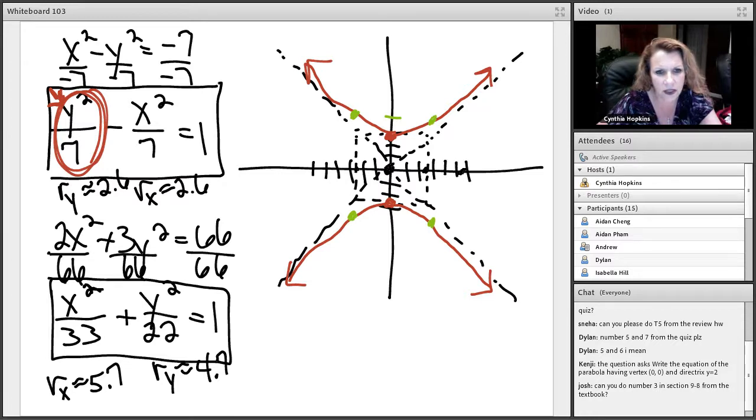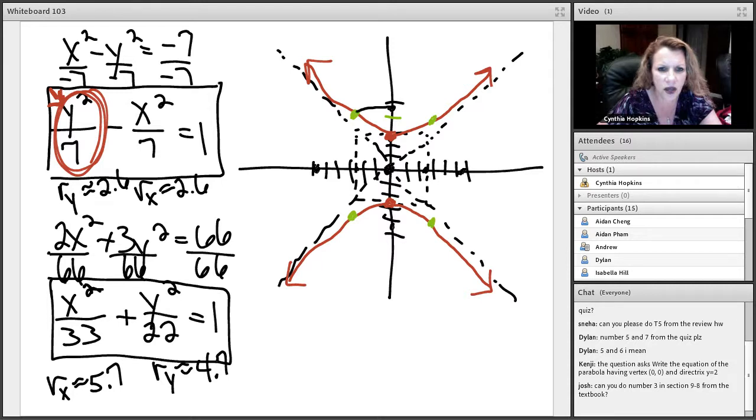Okay, and then in the y direction, up and down 4.7, that's 1, 2, 3, 4.7 would be about right there. And then 1, 2, 3, 4.7 about right there.